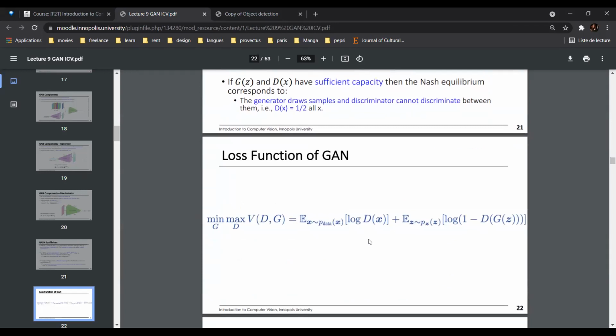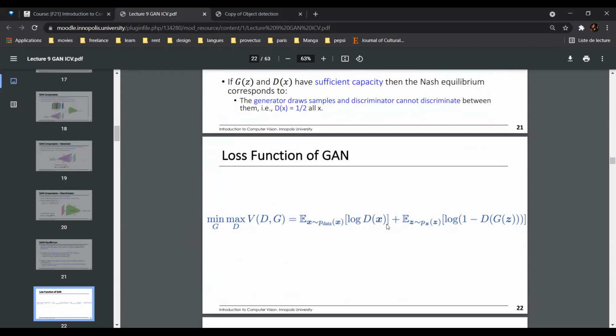The loss function of the GANs is pretty easy, so we are trying to minimize with regards to the generator and maximize with regards to the discriminator the mean value over the data for log of D of x plus the mean value over the priors for log of 1 minus D of G of z.